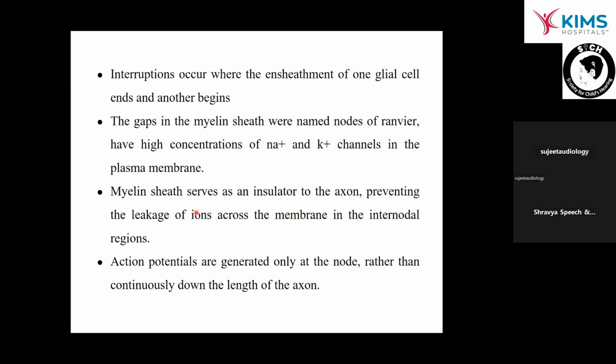Hence the myelin sheath is important for two things. One is to improve the temporal sensitivity, and second is it acts like an insulator, so there is no signal leakage between the two neurons because of this.